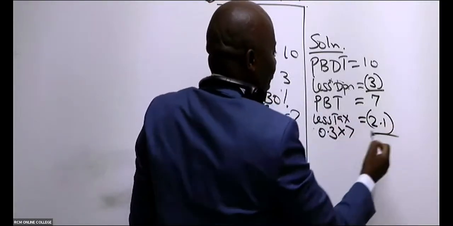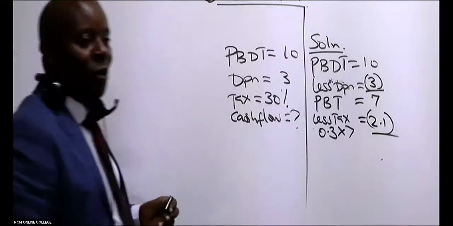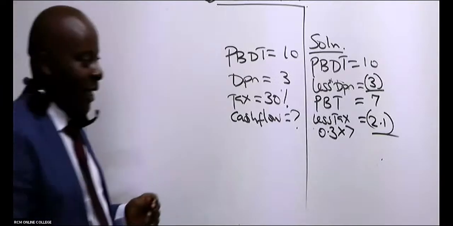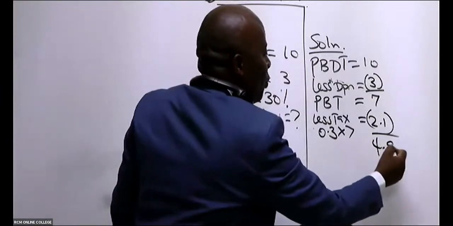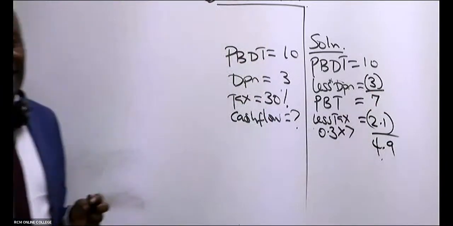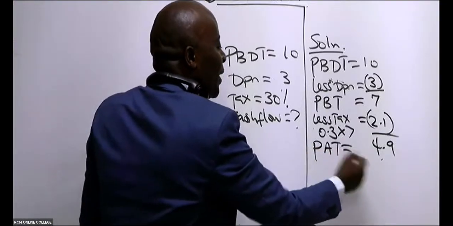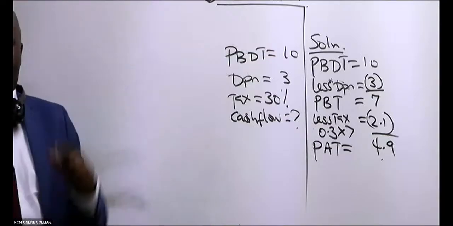2.1. You subtract. So 7 minus 2.1 gives us what figure? 4.9. What name do we give to this number 4.9? After tax, yes. So this is profit after tax. But now the question is, how do we change this profit after tax to cash flow?